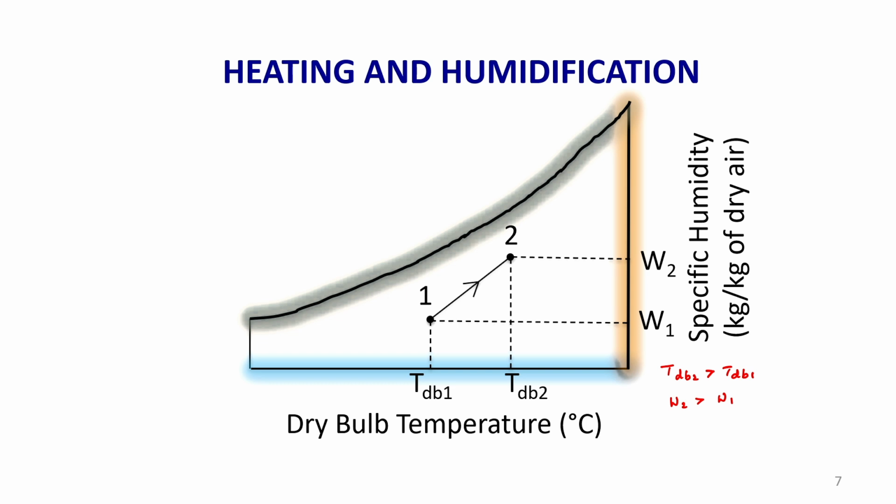See, arrow marks are very, very important. Any process without an arrow mark is meaningless, first of all. If we do not mark the direction properly, then the process name itself will change. For example, when we say isentropic compression, the arrow mark should be pointed towards state point 2, from 1 to 2.